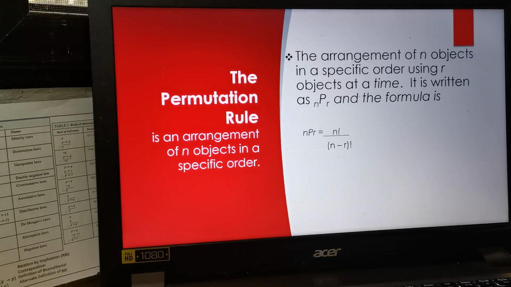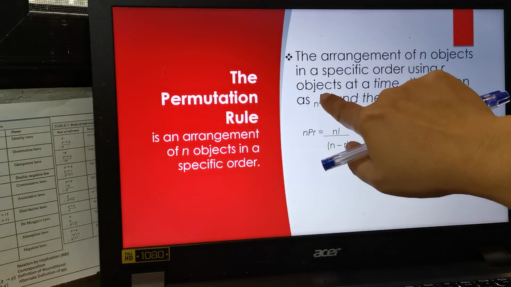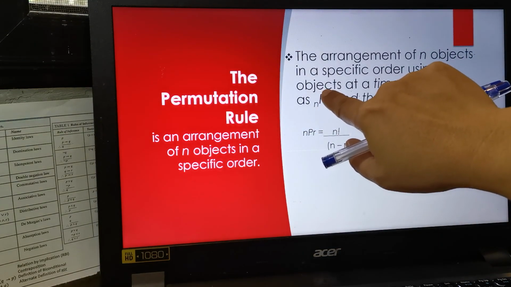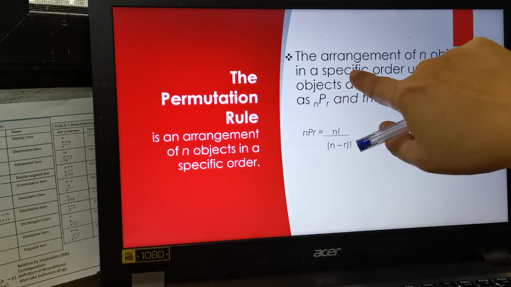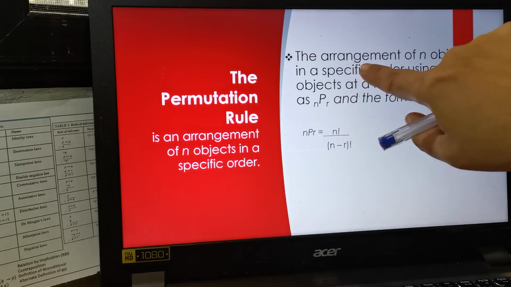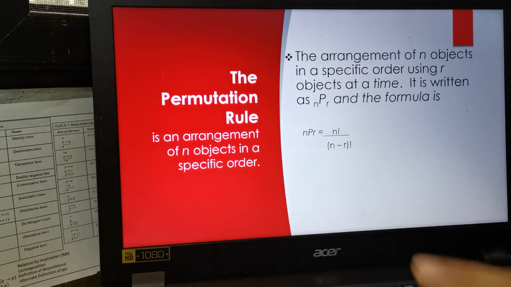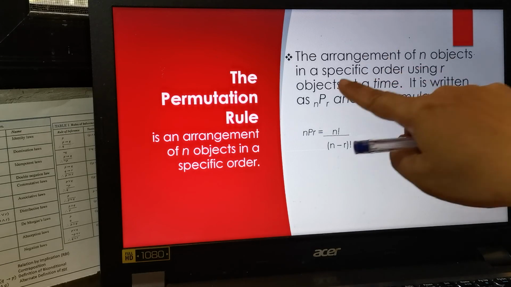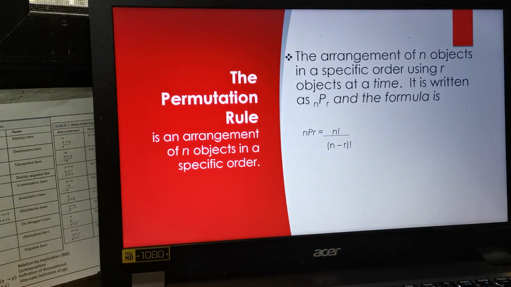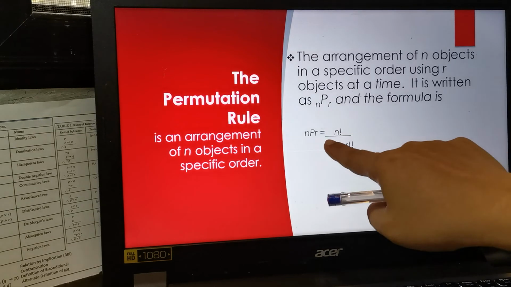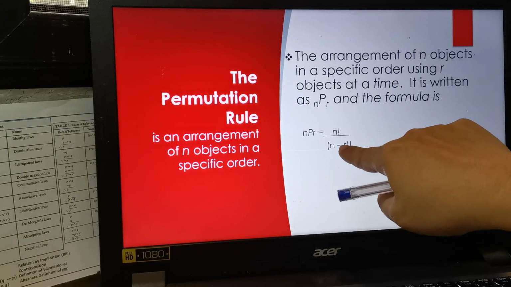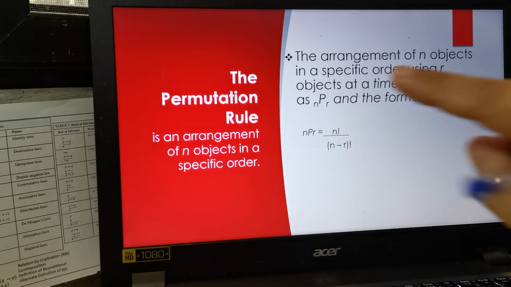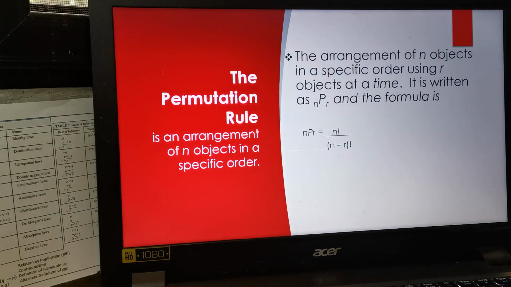So, it is written as permutation of n taken r. Ayan. So, ang formula nito is equal to n factorial over n minus r factorial, kung ilan yung kukunin mo sa objects na yon. Okay, ito na yung sinasabi ko kanina.